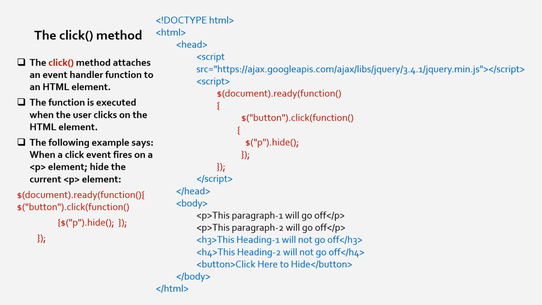For example, suppose you want to hide the paragraph the moment you click. If you press one click button, the paragraph should go off. If you specify it here in the header section, it is applicable for the entire paragraph.